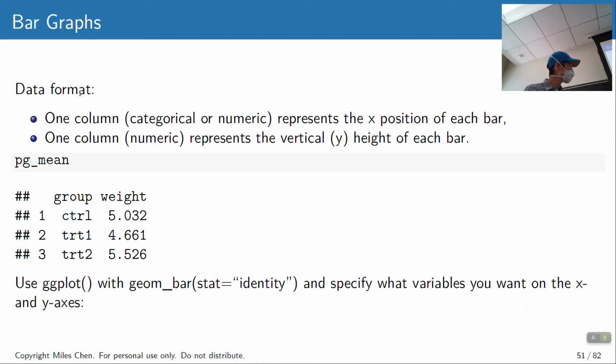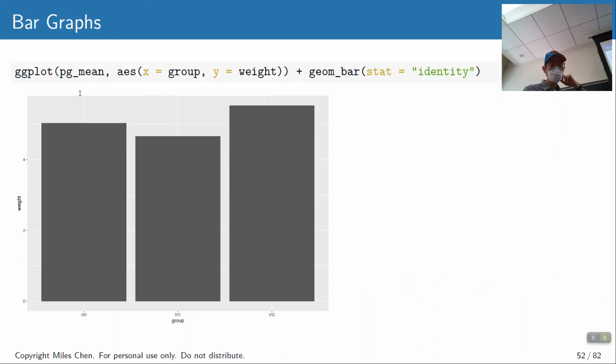Here I'm going to do geom bar with stat equals identity, because geom bar normally just counts up how many times a certain value appears, but here we want the height of the bar to be 5.032 and the height of the other bar to be 4.661. So that requires setting the stat property to identity. And then the group goes along the x-axis: control, treatment 1, treatment 2.